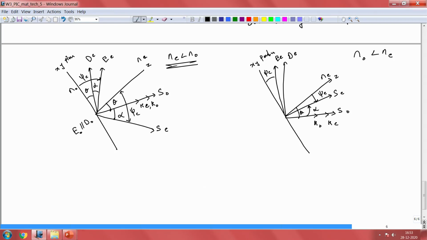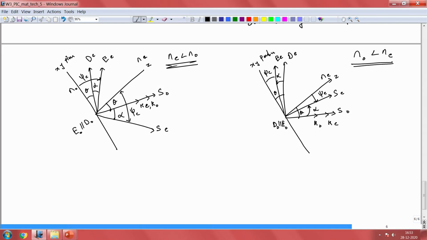Here D naught is parallel to E naught. So these are the positive and negative crystal cases, whether Ne is greater or N naught is greater.